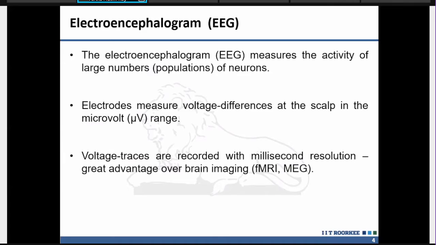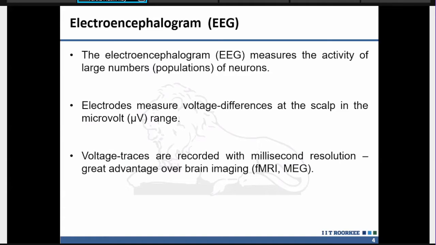I'll show you. Like your ECG, there are some electrodes which are placed on top of the heart, and then you collect the signal. Similarly, on the head, there will be some sensor device which will collect the voltage difference, the potential difference, of the neurons from the brain.